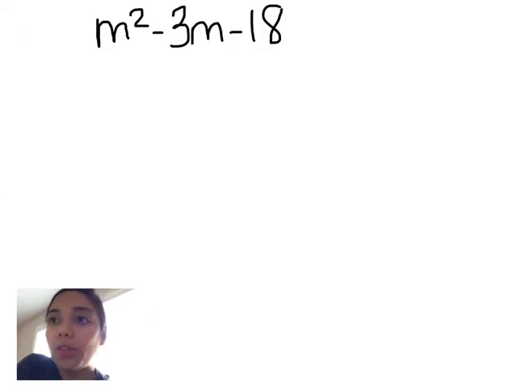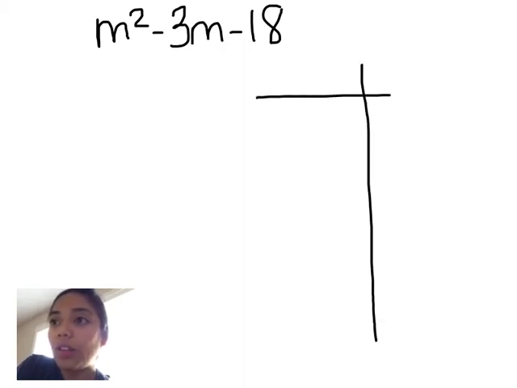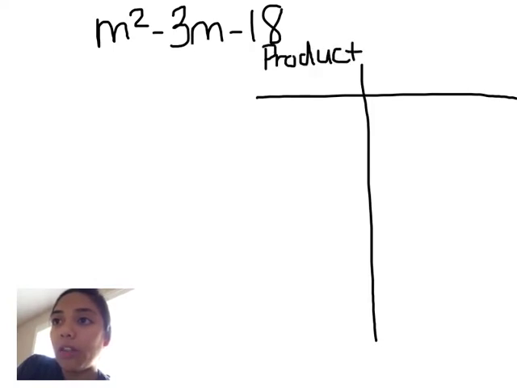Alright, so the first thing you're going to do is draw your t-chart. You're going to write product of negative 18, because you do the product of the last number, as long as it's in standard form, and then sum of the middle number, which is negative 3.